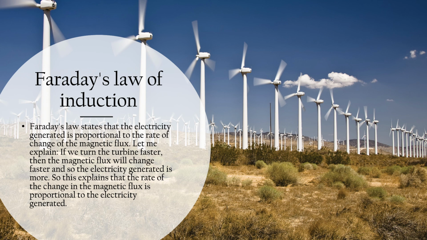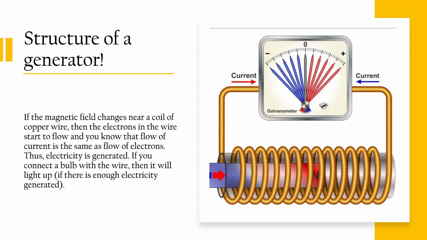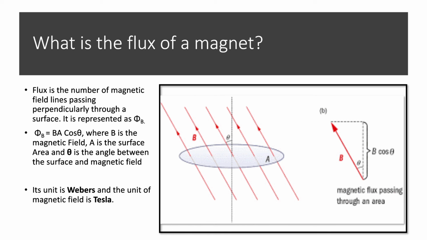And the structure of a generator is the basic thing that you need to know. The flux of the magnet is just the magnetic field lines passing perpendicularly through a surface. And that's all. This was just a short summary at the end.